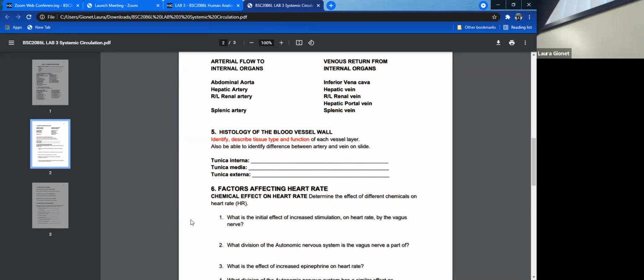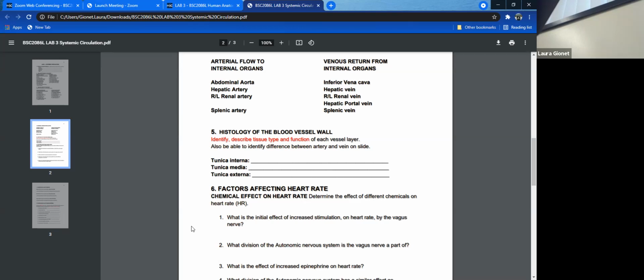So we have three layers, just like in the eye, where we had tunics. We have the tunica interna, which would be the deepest of the layers. That's composed of simple squamous epithelium, and just like in the heart, it's to reduce friction. The tunica media is composed of smooth muscle.